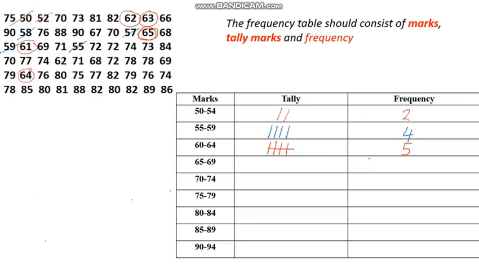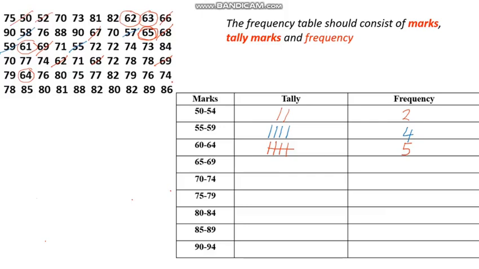Okay, so we now come to here. We have 65 to 69. So let's see how many we have. 65 to 69, we have this one, 66, which is 1, 2, 3, 4, 5, 6, 7.